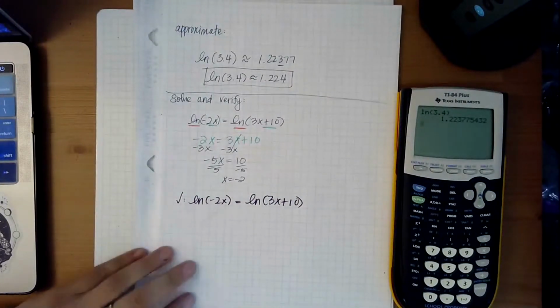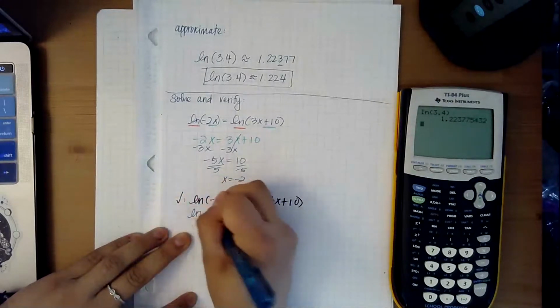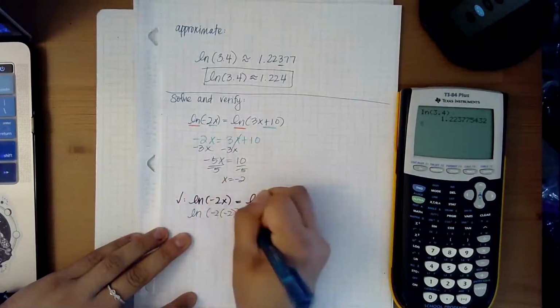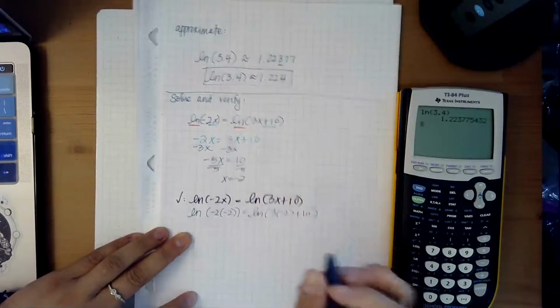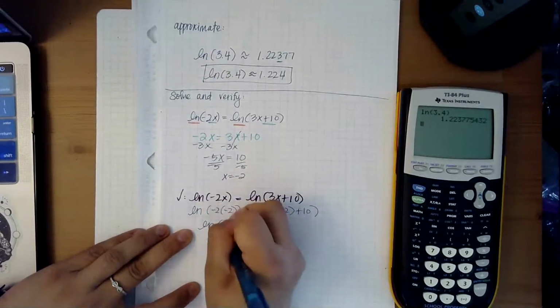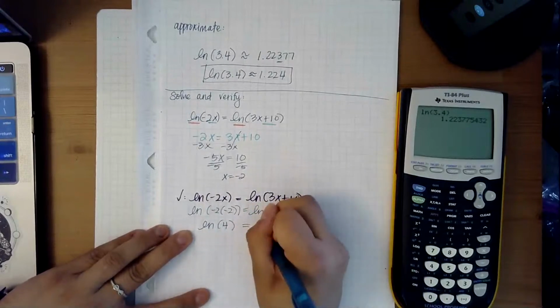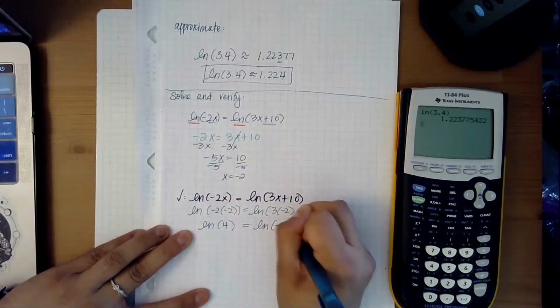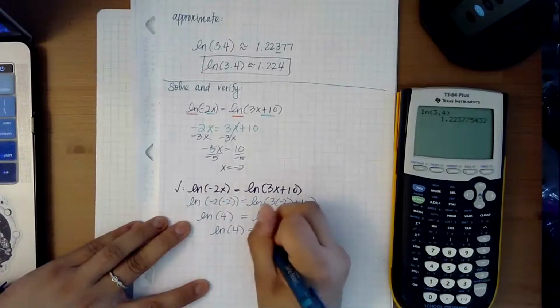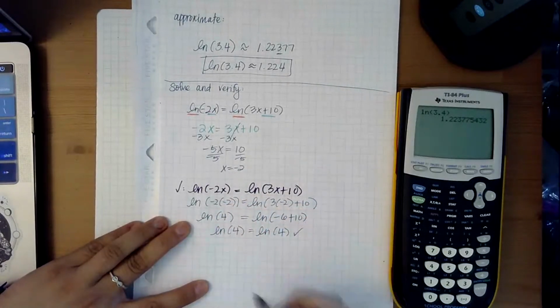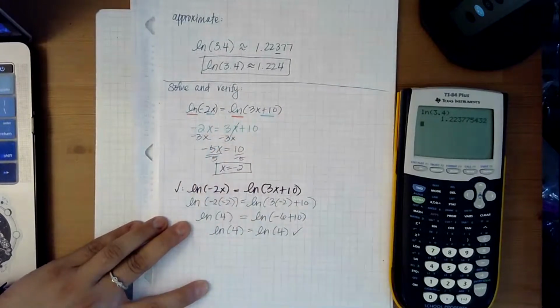So I have ln of negative 2 times negative 2. Wherever there is an x, I'm substituting that negative 2 to see if it's valid. This gives me ln of positive 4. Is that going to give me ln of negative 6 plus 10? So I have ln of 4 is equivalent to ln of 4. I've reached a true statement, which means that this answer is now valid.